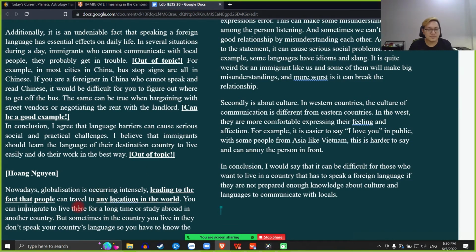I think it's better to say migrate, because migrate doesn't mean in or out. Nghĩ tốt hơn hết dùng từ migrate đi, từ migrate nó không có nói rõ ra đi vào hay đi ra. You can migrate to live there for a long time or study abroad in another country. Because there are many places, so I think it's better to say to leave.